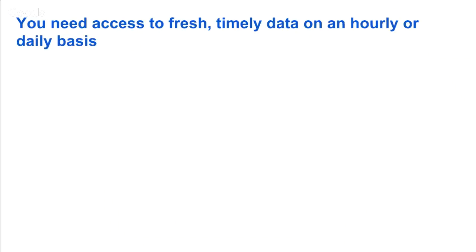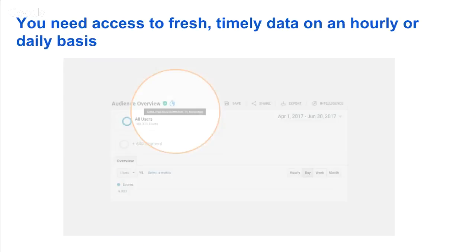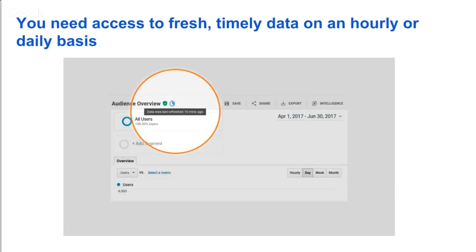Let's imagine you have five marketing campaigns running through different ad channels, and you see that one of them performed badly and has negative ROAS. You want to optimize it right away, but you have to wait 24 or even 36 hours to get access to the data and make any decisions.